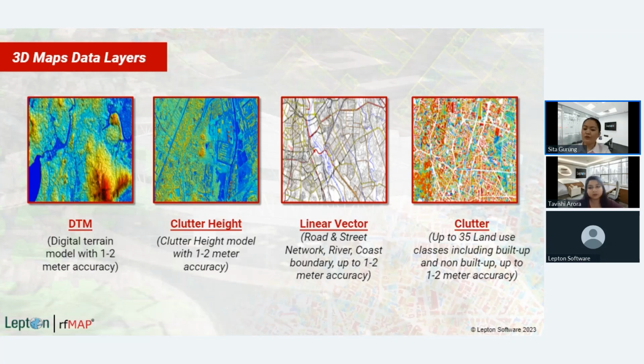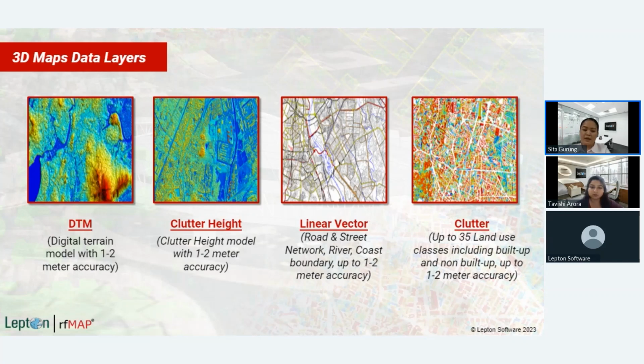So you will get all this information in clutter dataset. Now again, clutter dataset will be available in raster grid format, or you can say in character grid format. Okay, so these are the 7 different data layers that are available in our offering, which is 3D map.